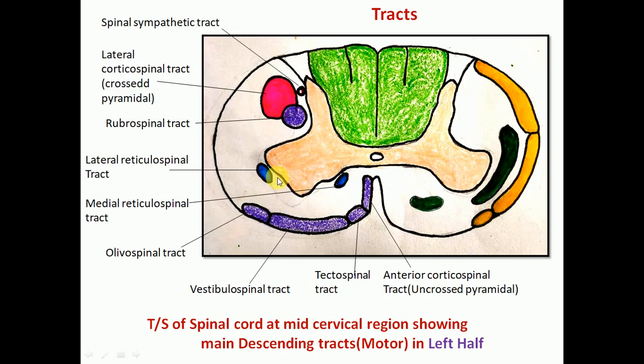Now two more tracts can be seen, one within the anterior white column and another within the lateral white column: the medial and lateral reticulospinal tracts. The lateral reticulospinal tract is concerned with the thoracolumbar outflow, meaning preganglionic fibers of the sympathetic system, and is related to the flexor response of the skeletal muscles.